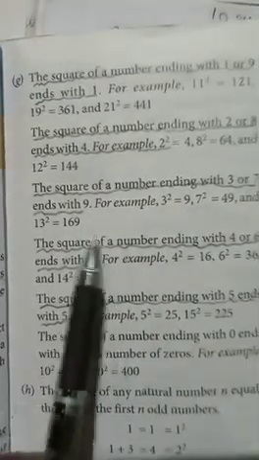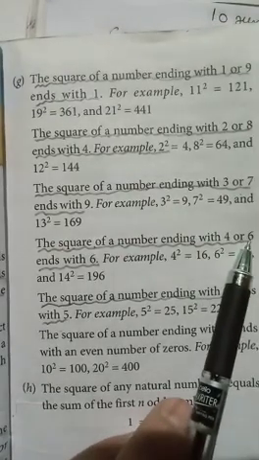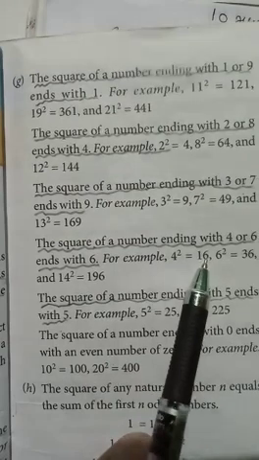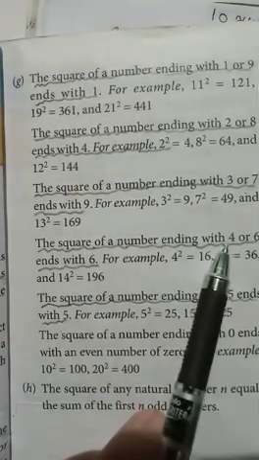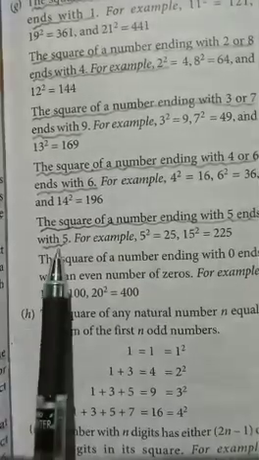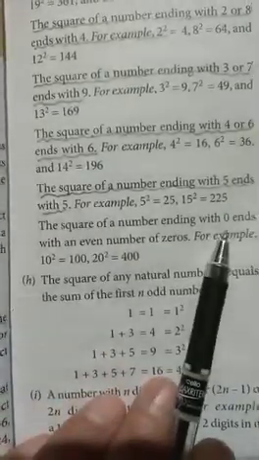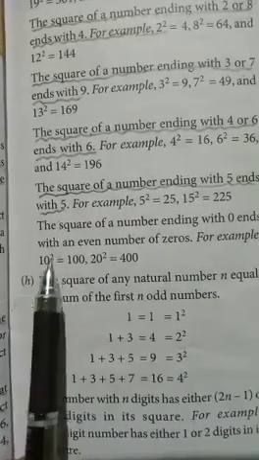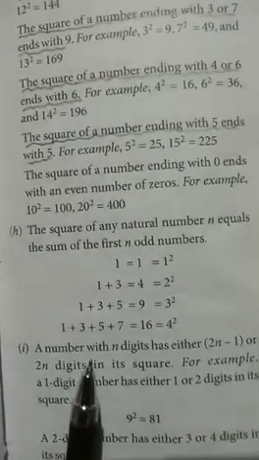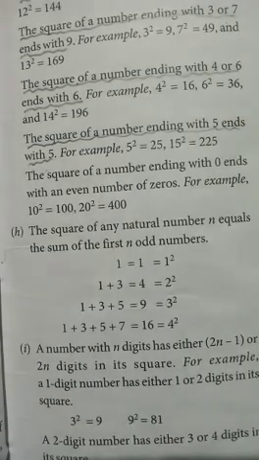This is just to get an idea how to calculate. 4 into 4 is 16, 6 into 6 is 36, so if a number ends with 6, it may be a square of 4 or 6. Then if it ends with 5, it will be a square of 5. If it ends with 0, then the number will also contain 0. So remember, the square of odd will be odd, the square of even will be even. After seeing this, we'll do the exercise.